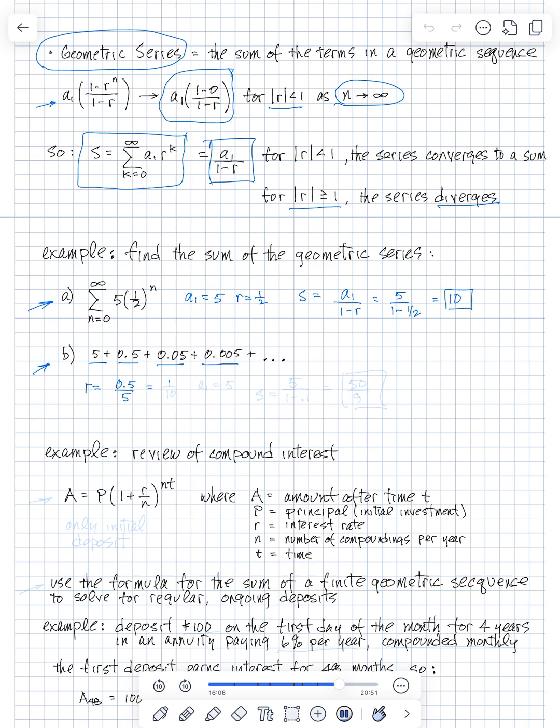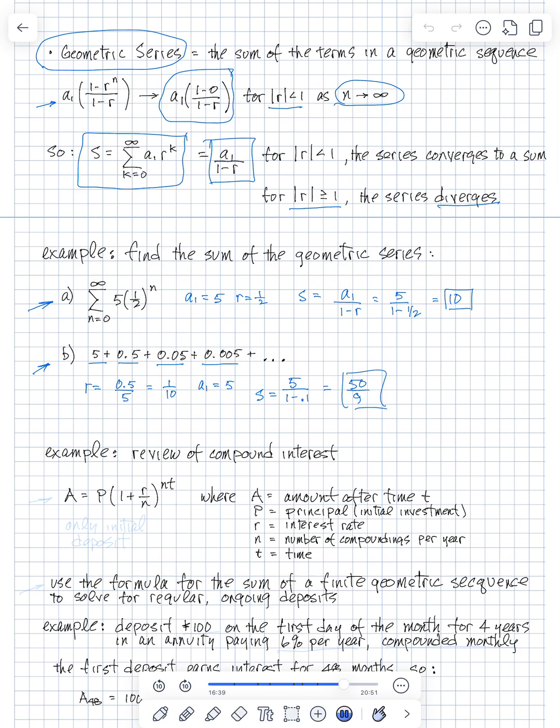That's equal to 1/10. And A1 is equal to 5. So our formula, S is equal to A1, which is 5, over 1 minus r, 1 minus 0.1, and that gives a sum of 50 over 9.